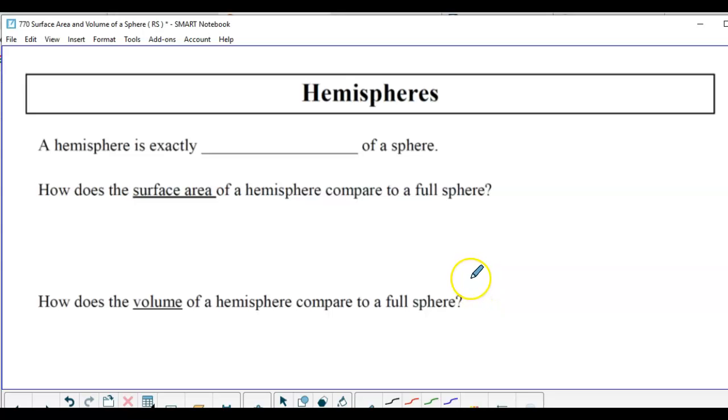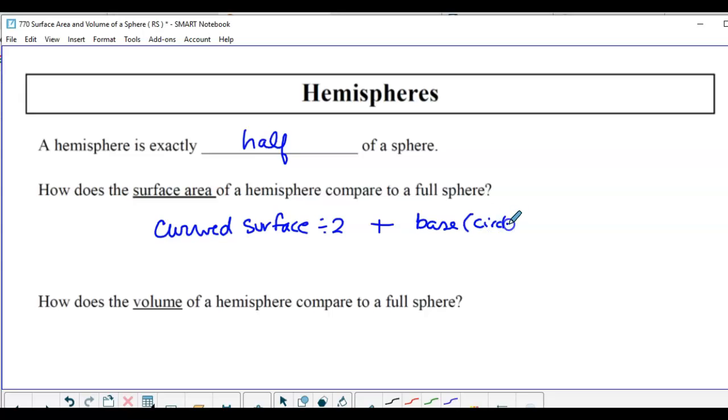All right, hemispheres. Well, it's exactly half of a sphere. So how does the surface area of a hemisphere compare to a full one? Well, the outside curved surface is divided by 2, and then we have to add in the base, which is a circle. So how does that look? Surface area of a sphere is 4 pi r squared.